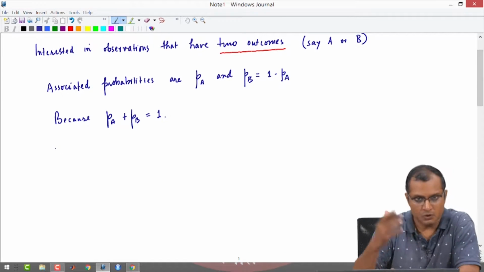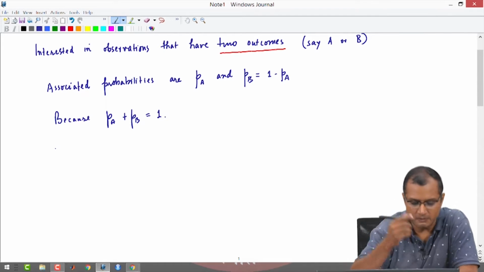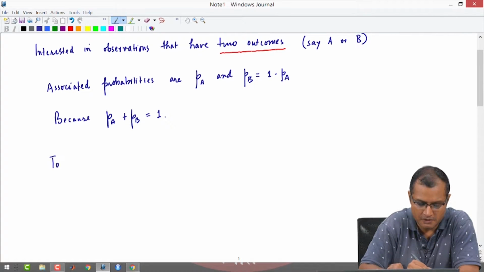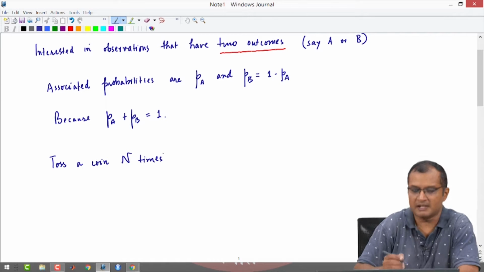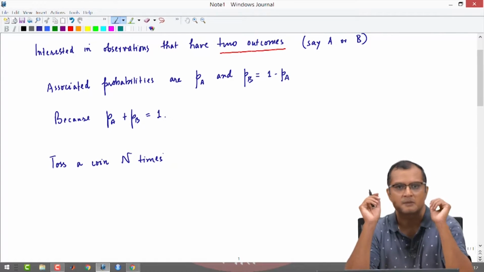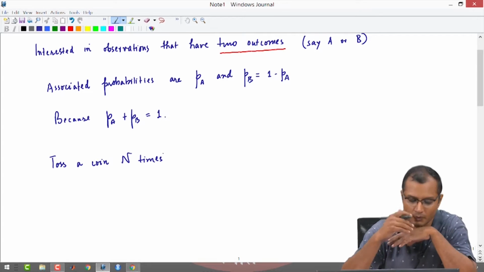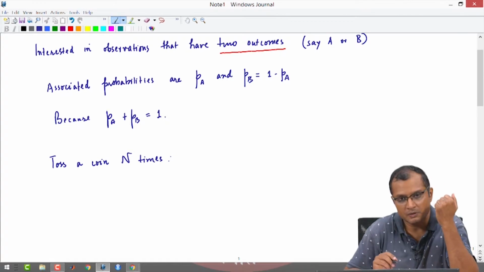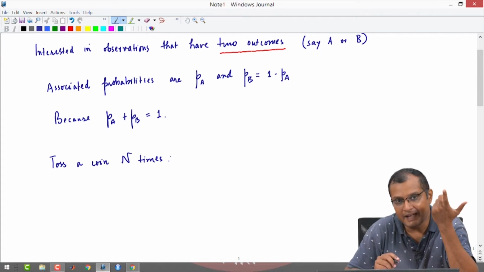Now, let us continue the example of a coin toss. So, if I toss a coin n times, this is like, in the language of StatMech, doing an experiment n times. Each time we get an observation. Suppose you are interested in the probability of a particular realization where in n tosses you saw the heads n times.